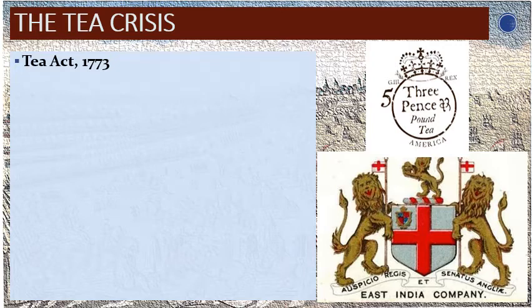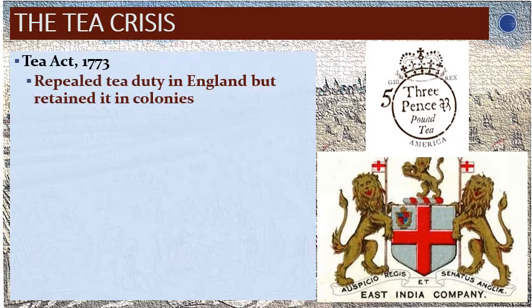In 1773, the English Parliament passes the Tea Act, which grants a monopoly to a company to sell tea in the colonies at a lower price than they were paying before. So there is a tax on tea, or a tea duty, and the colonies have to pay it. It's just a lower amount than it was.